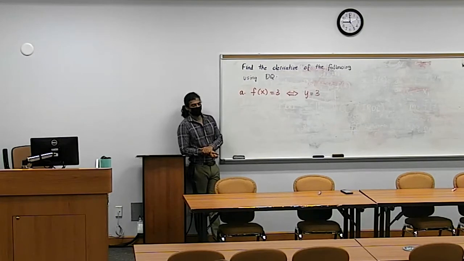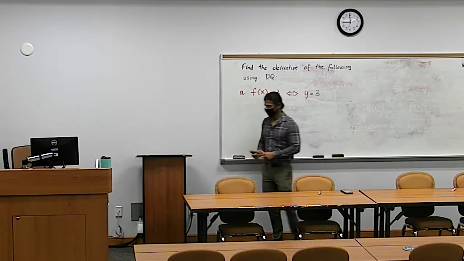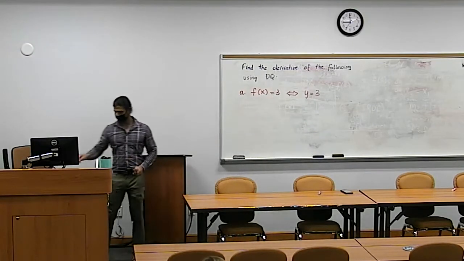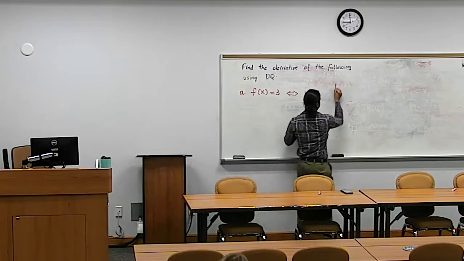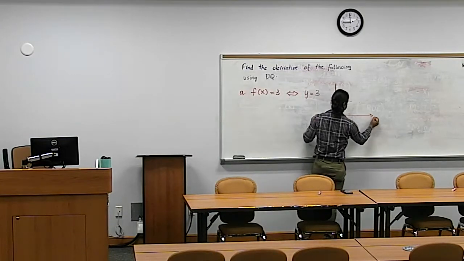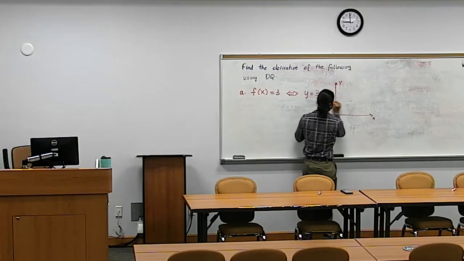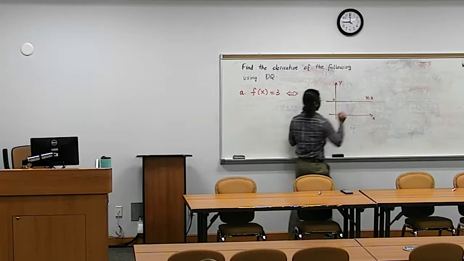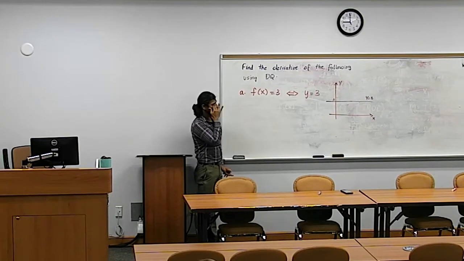So if we graph y equals 3, what would that graph look like? A horizontal line. A horizontal line passing through 3.